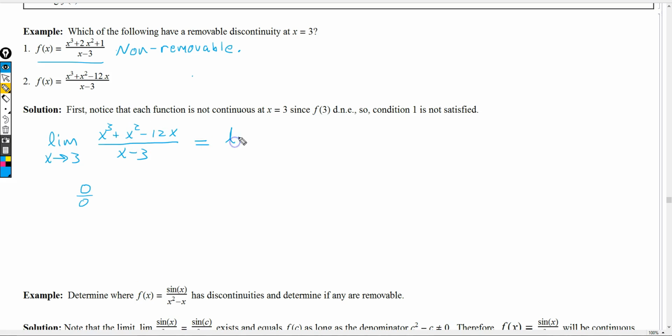So limit. Now the top will factor as, if I factor out an x, then I'm left with a quadratic, x squared plus x minus 12, and that factors as, and then of course I can cancel these x minus 3's and we get the limit.